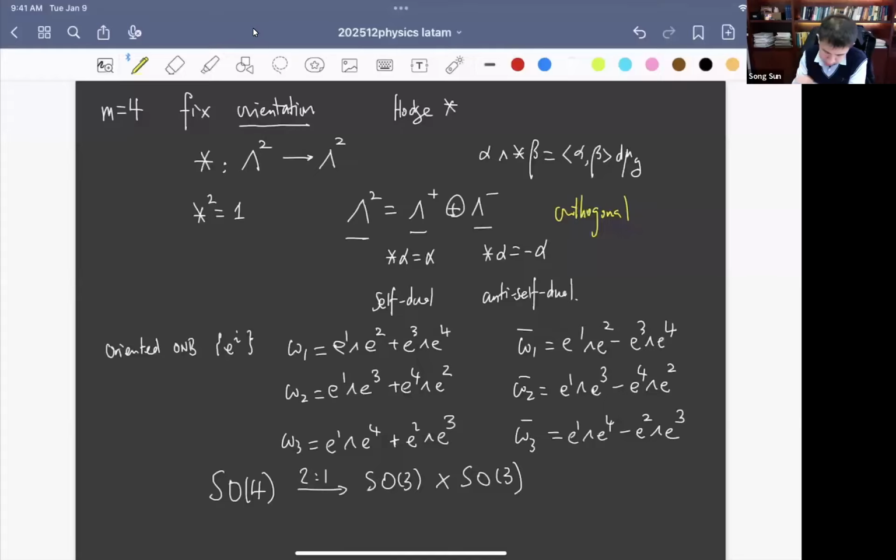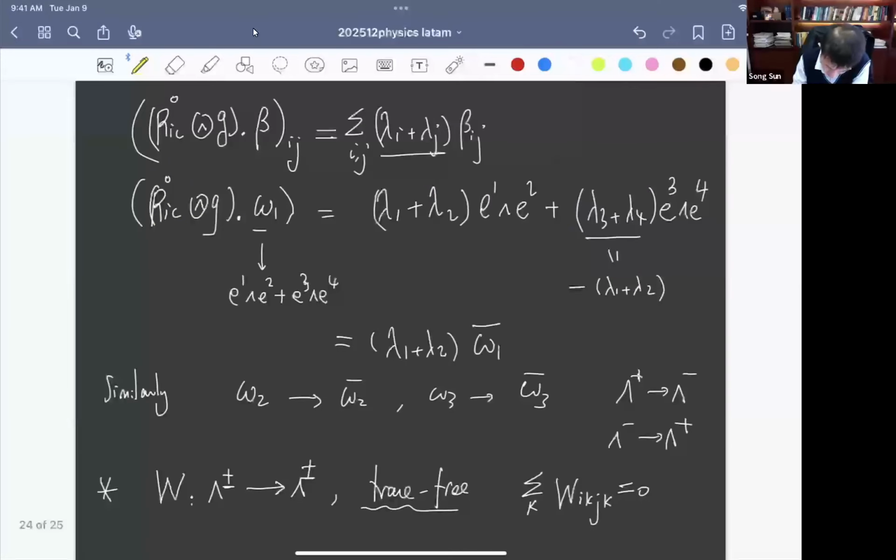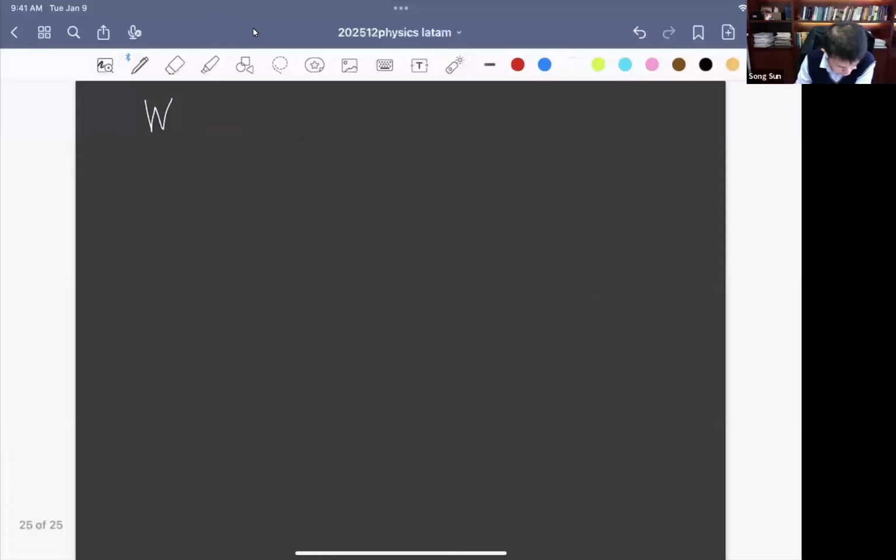Lambda plus and lambda minus are the eigenspace decomposition of star squared, by linear algebra. So we just need to show that W acting on lambda plus has inner product with lambda minus equal to 0. Let's just take one example, and the rest will be similar.